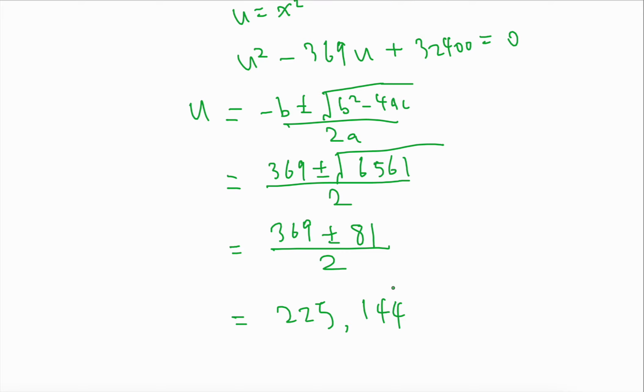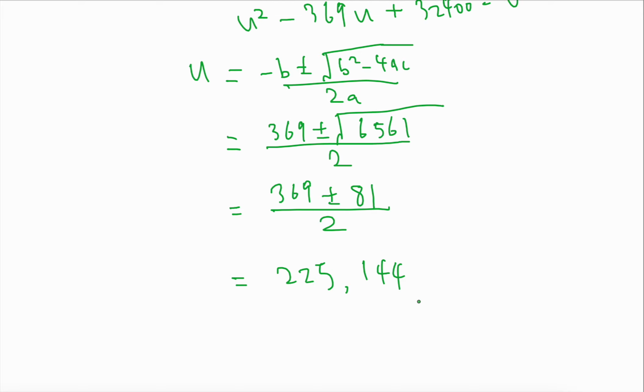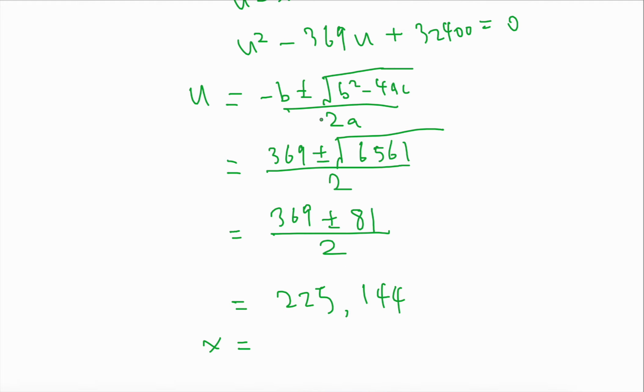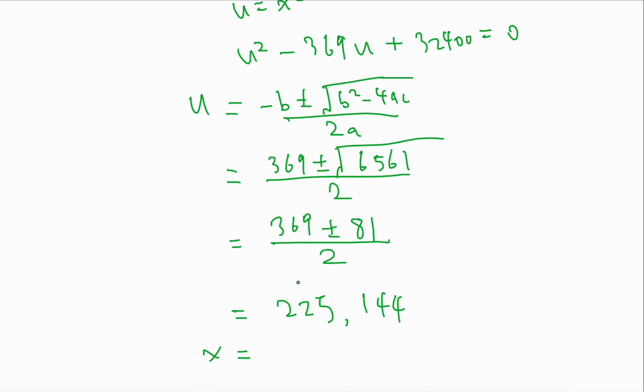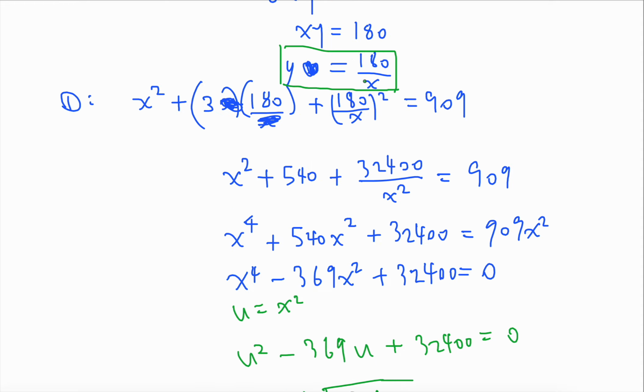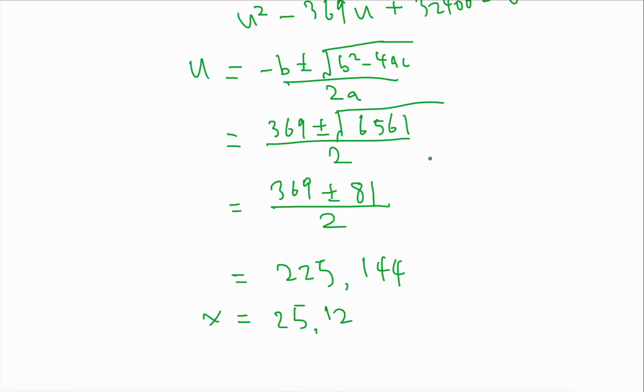So if those are the answers for u, then the answer for x, because remember we set u to be x squared, so x must be the square root of these, which is 25 and 12. So if that's x, then what's our y based on this equation? y is just 180 divided by x.